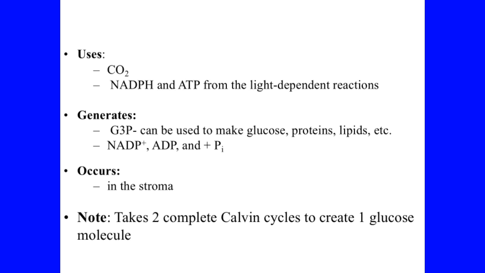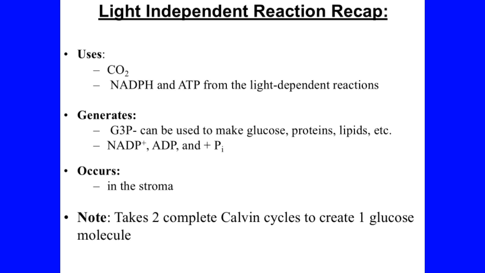So let's go ahead and look at a light independent reaction recap of what we just went over. It's going to be using carbon dioxide, NADPH, and ATP from the light dependent reactions. It generates G3P. G3P is a 3-carbon molecule, so that's why you have to go around the cycle twice to make a 6-carbon glucose molecule.